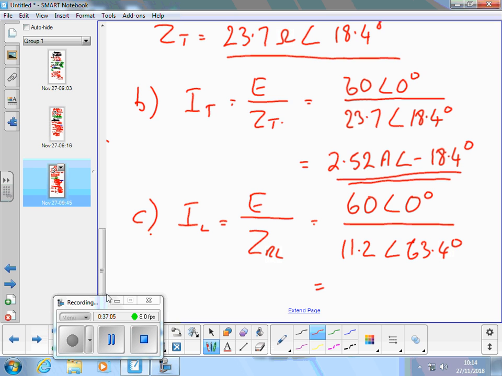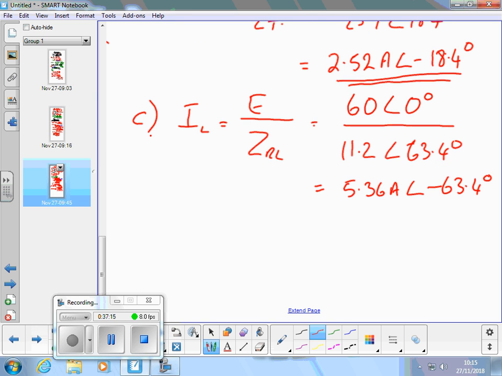I've got 5.36 amps angle minus 63.4 degrees. So that's the current through the resistor and the inductor. Call it IRL if you like. You'd represent a real inductor by a resistor and an inductor in series anyway.